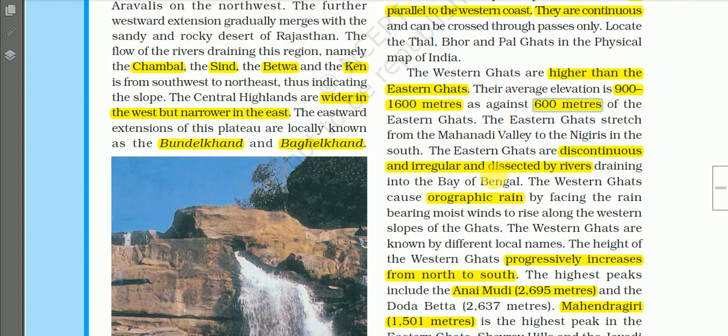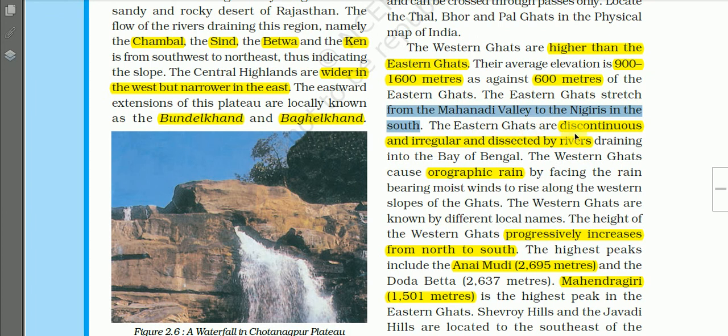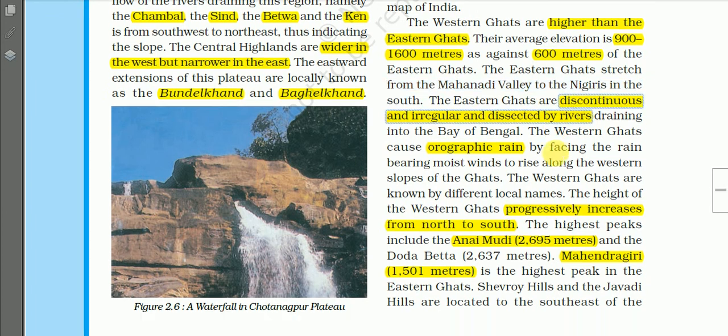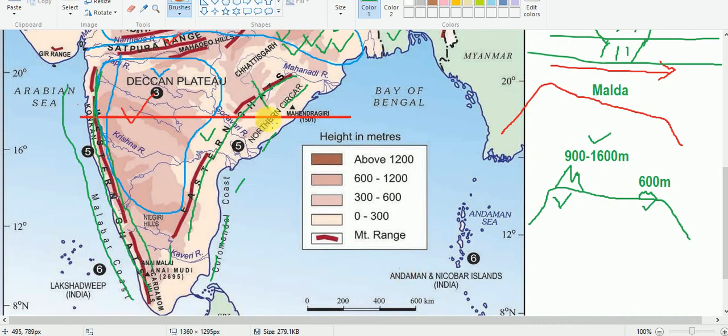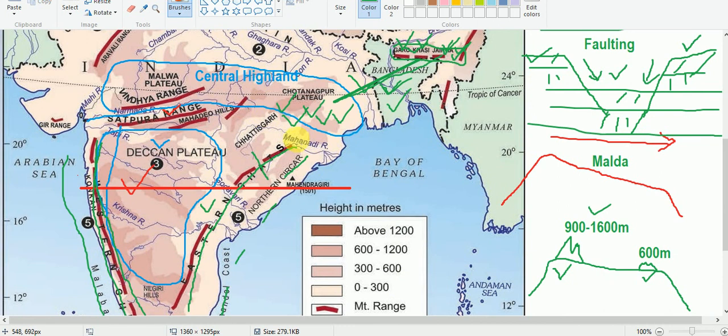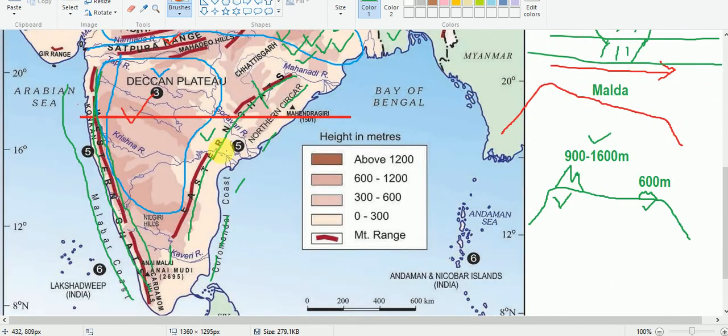The Eastern Ghats stretch from the Mahanadi Valley to the Nilgiri Hills in the south. Eastern Ghats are discontinuous and irregular and dissected by the rivers draining into the Bay of Bengal, as you will find in the map here. So Eastern Ghats start from Mahanadi River, which is here, and end at the Nilgiri Hills, somewhere here.